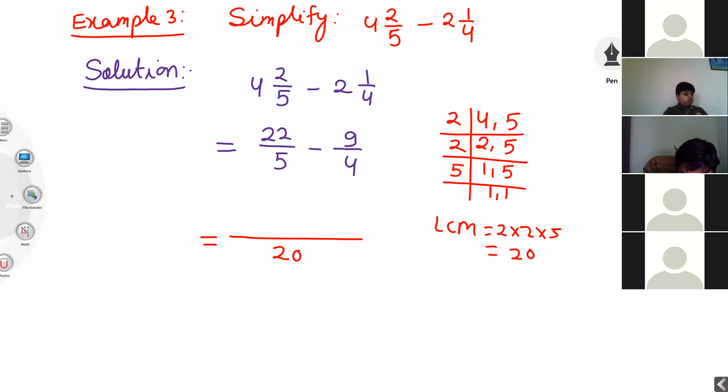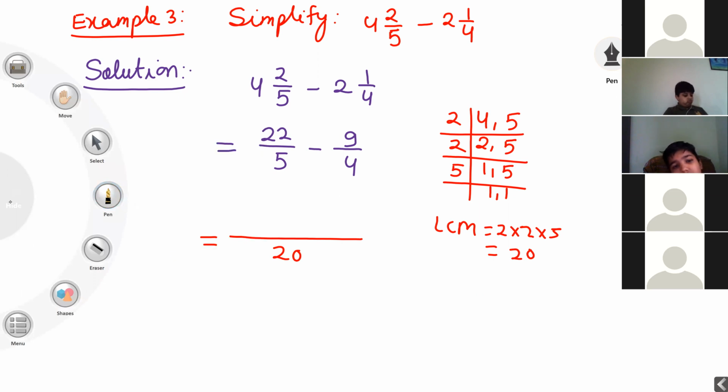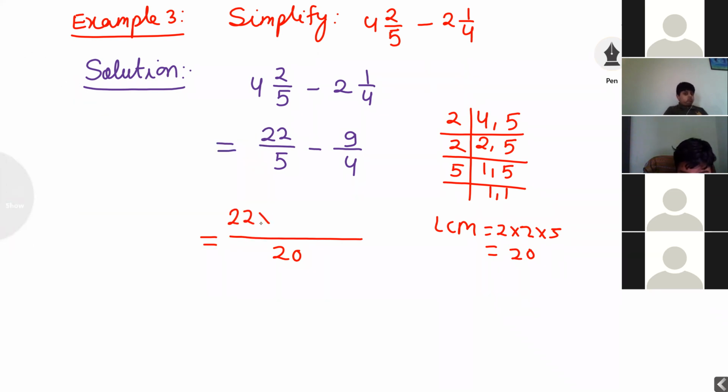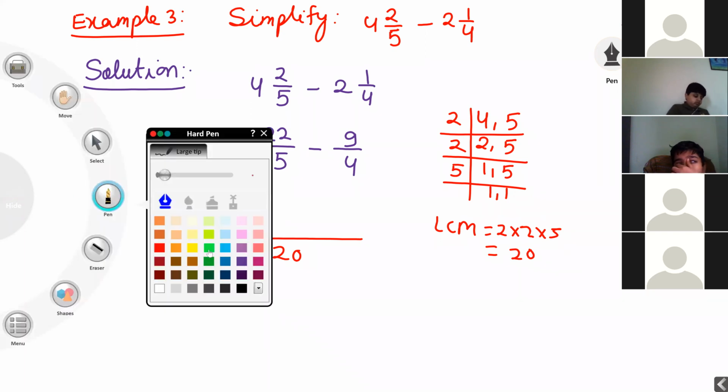First numerator is 22 into, now 20 divided by 5. First denominator, LCM divided by first denominator. 20 divided by 5, what is there? 4.